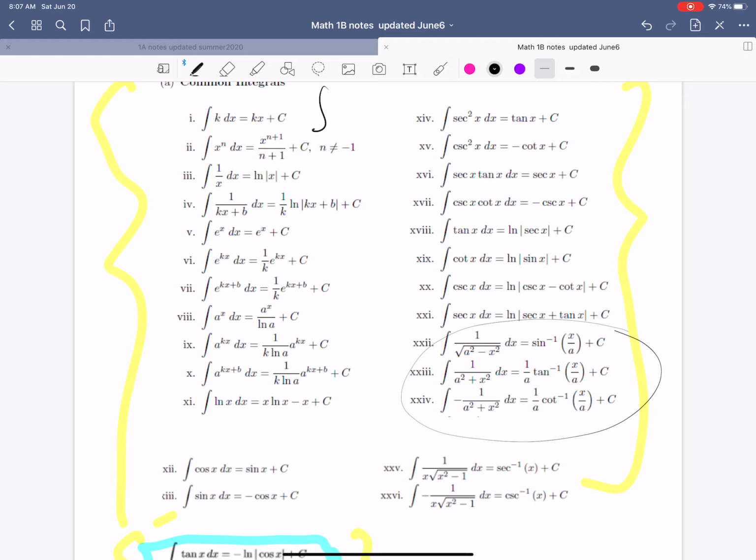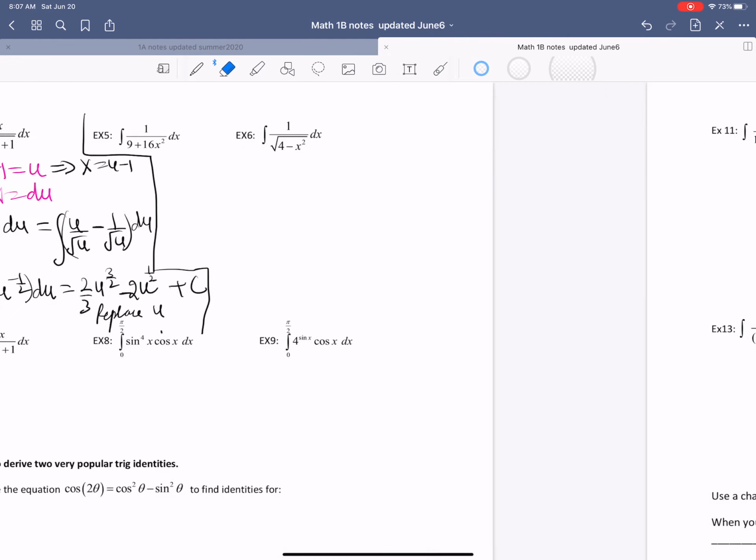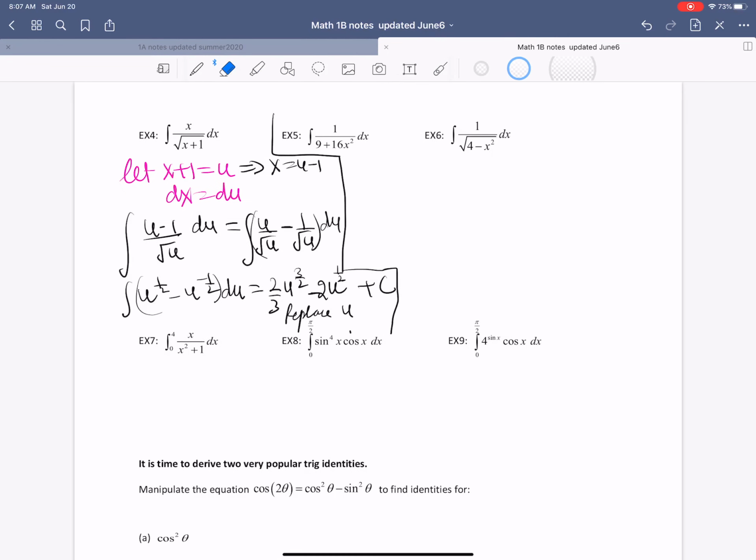Anytime you see a square root, just remember these formulas. I don't have space to write, so let's look at the example we were going to work on. I'm going to erase the previous one to make some space for this new problem, that way I have more room.